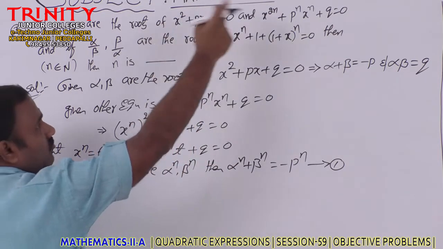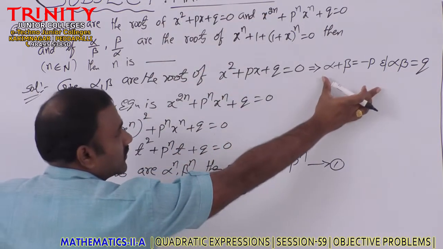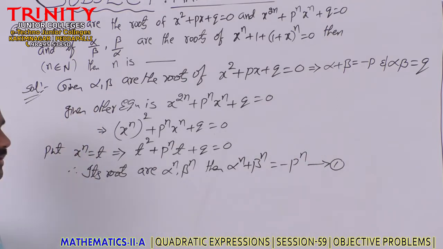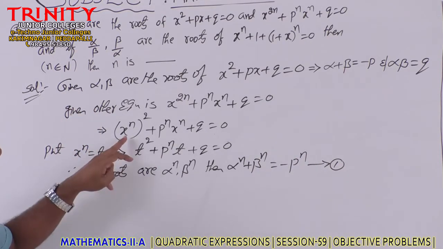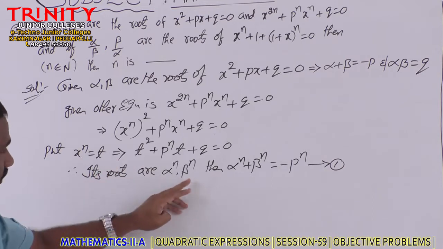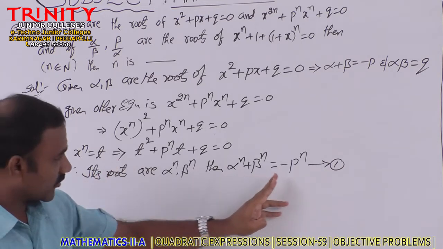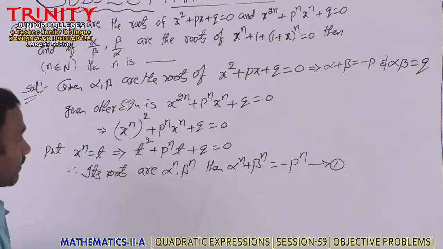From these two equations, we got these conditions: the sum of the roots and the product of the roots. Whenever this equation has roots alpha^n, beta^n, the value of alpha^n + beta^n we got as minus p^n.